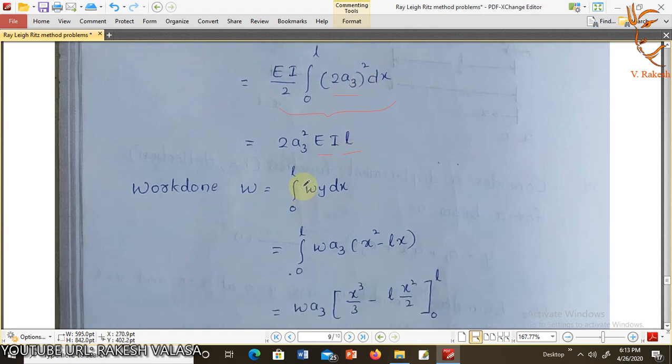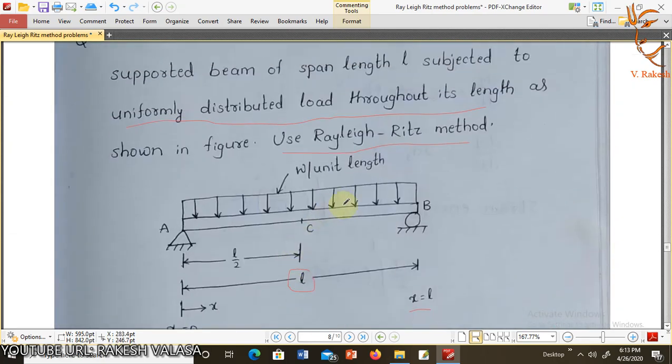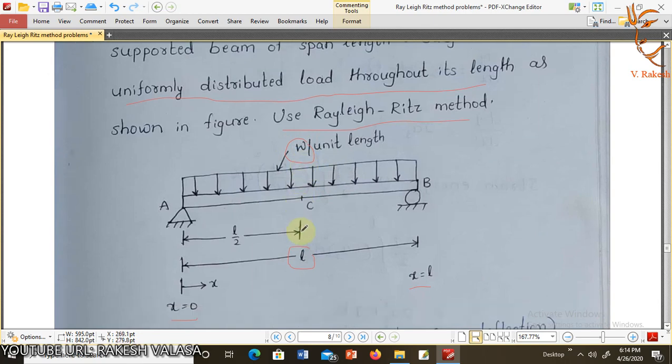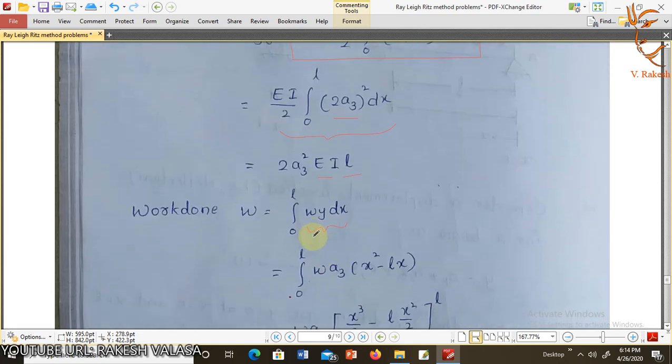Work done is integration 0 to L of wy dx. To convert UDL to point load, the UDL load is W, converted to point load W into L by 2, that is W into y deflection into dx, integration 0 to L.